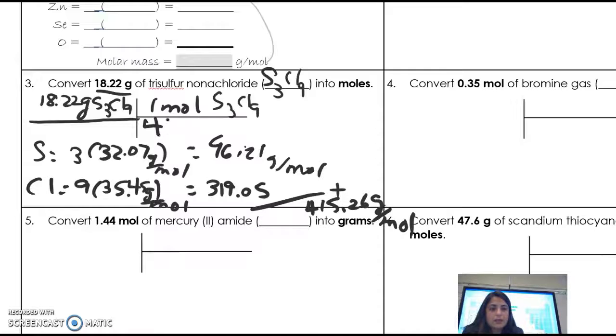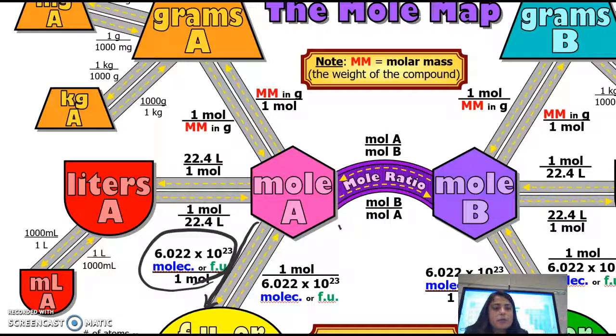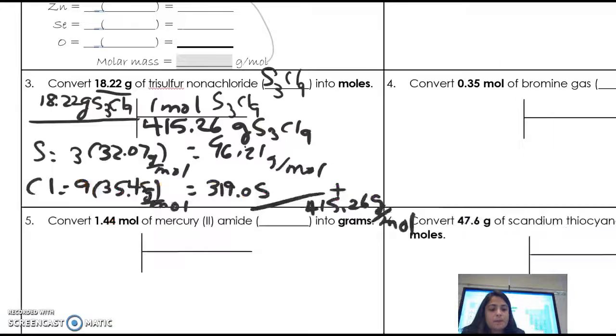I'm going to put that here, grams S3Cl9. And per mole it says, and that's why that 1 mole is on the top. This is coming from your mole map, right? It says molar mass at the bottom, and that's what you're doing, guys.